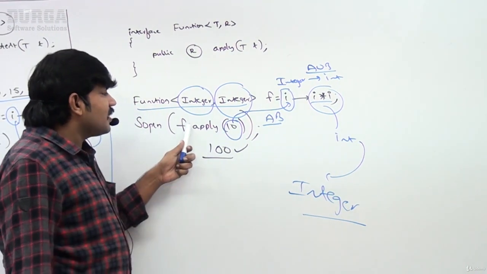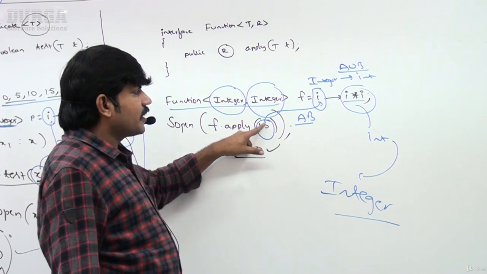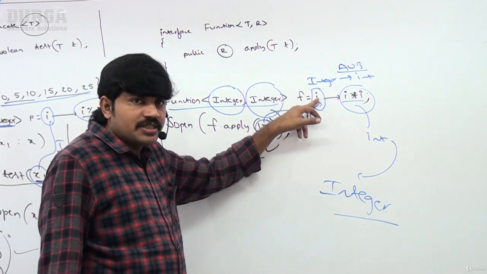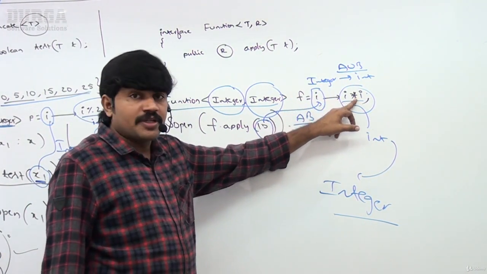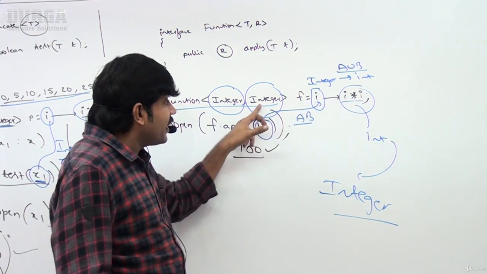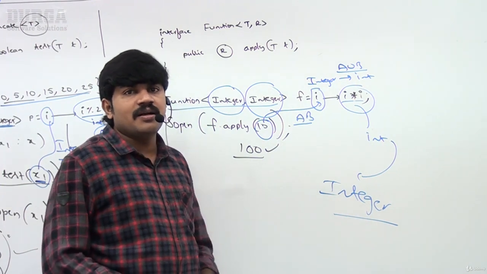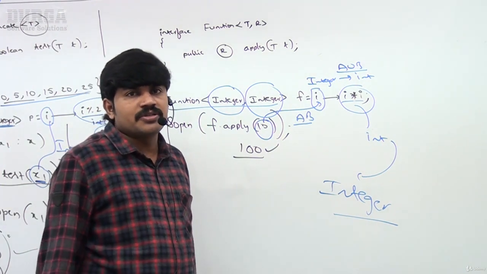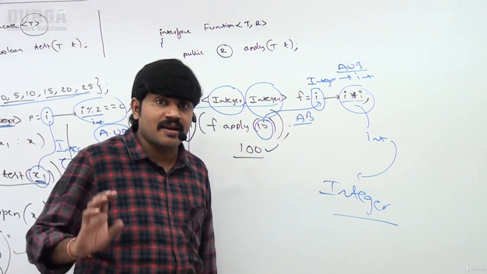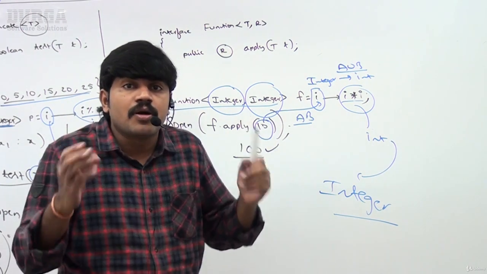So just f.apply(10): here the primitive 10 will be converted into an Integer object. For the multiplication operation it will be converted into primitive type. Next, to return Integer, again it will be converted into Integer type. So how many times auto boxing and auto unboxing? Because of these internal auto boxing and auto unboxing concepts, performance is going to be down like anything.